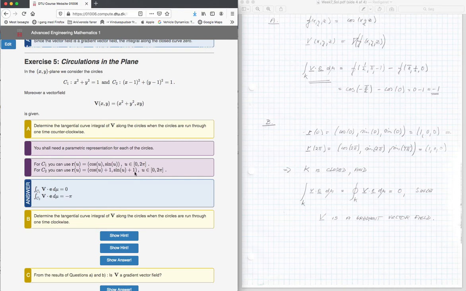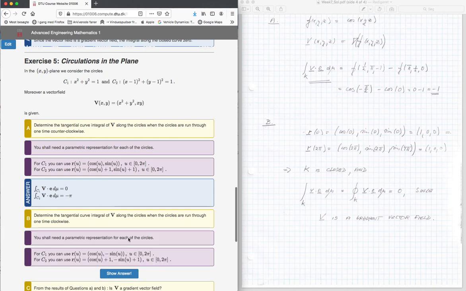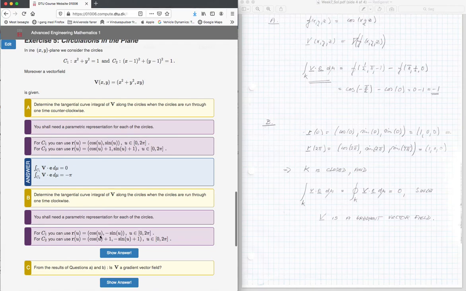And this was when you took the computation in the counterclockwise direction, that is the ordinary orientation of your curve. But if you do it in the opposite way, the only thing you need to do is change the sign of u. Then the curve will be traveled in the opposite direction. And you can see here, if you put u equal to minus u, you get cosine u, and sine of minus u is minus sine u.